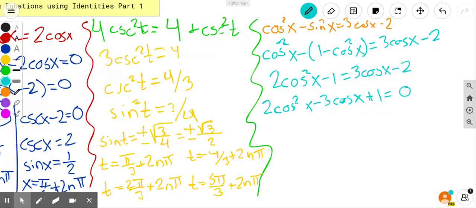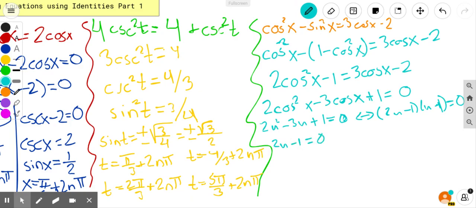And if you go back to that u substitution stuff we were doing, this is really looking at the problem 2u squared minus 3u plus 1 is equal to 0, which you can then factor into 2u minus 1, u minus 1 equals 0. So then that means 2u minus 1 should equal 0.